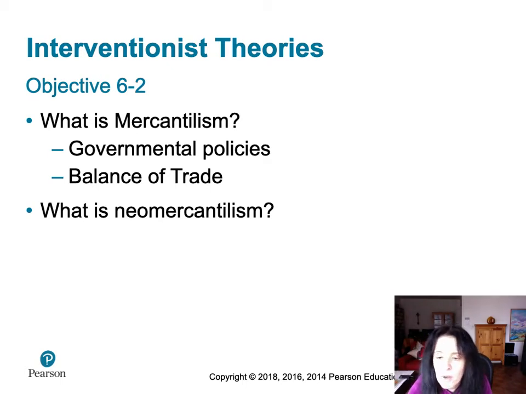In other words, a country can reduce unemployment using neo-mercantilistic economic policies by encouraging its companies to produce in excess of the home demand and send the surplus abroad as exports.